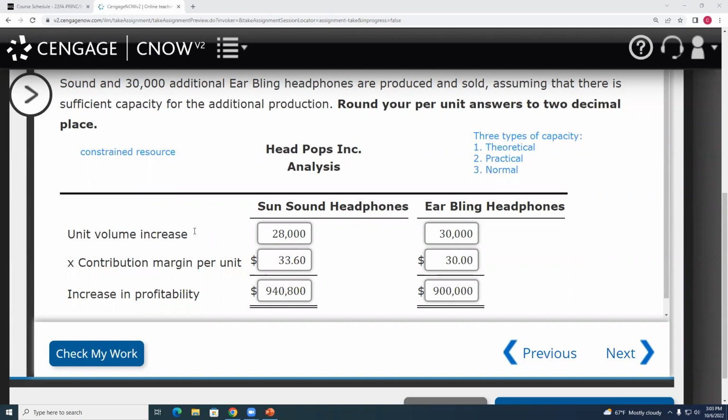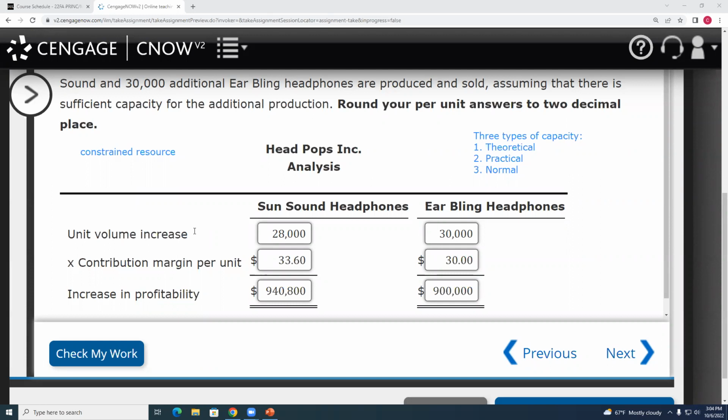How much do we contribute per hour of the manpower, if that's our constrained resource? If it's equipment time, how much do we make in contribution margin per unit of that equipment time, per hour or whatever? If it's a raw material that's in short supply, which one of these uses the least raw material per dollar of contribution margin?